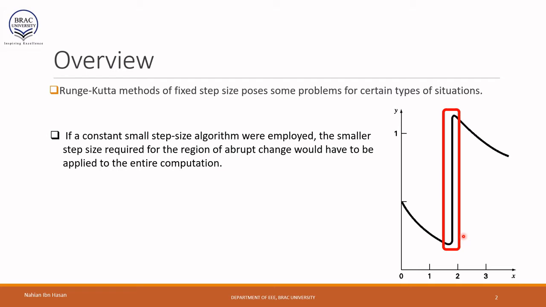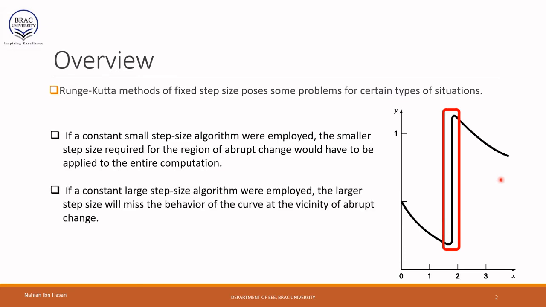On the other hand, if you use large step sizes, you cannot find the features around the point x equal to 2. As a result, you will not get the proper y values from this differential curve, so you have to make some trade-offs. But in such cases, look at this, it's a very abrupt change. For such abrupt changes we cannot use the fixed step size Runge method.